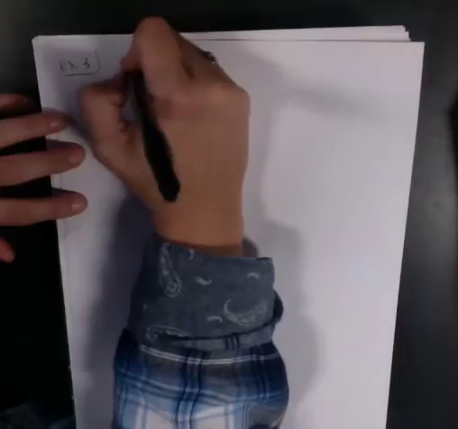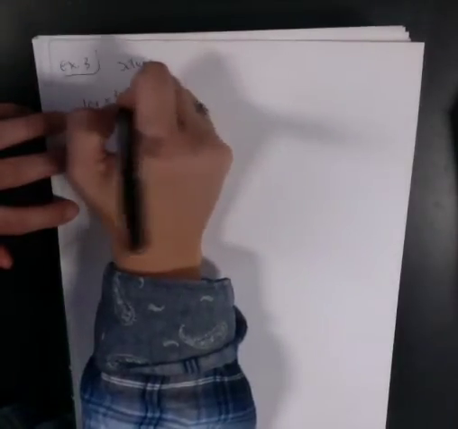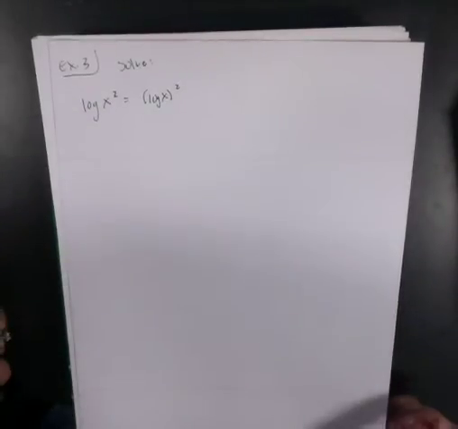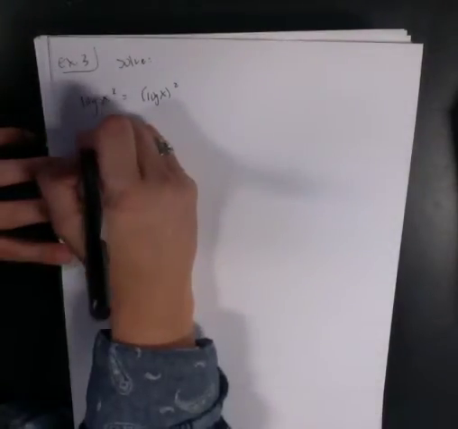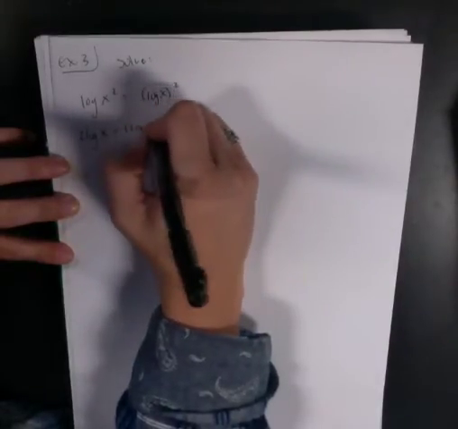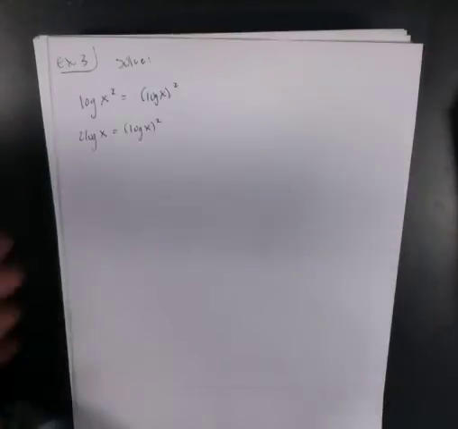We are going to solve the log of x squared equals the log of x, squared. All right, so I'm first going to rewrite this side. I'm going to bring the 2 to the front as 2 log of x equals, I'm going to leave it as the log of x squared. Okay, now I'm going to rewrite it again.